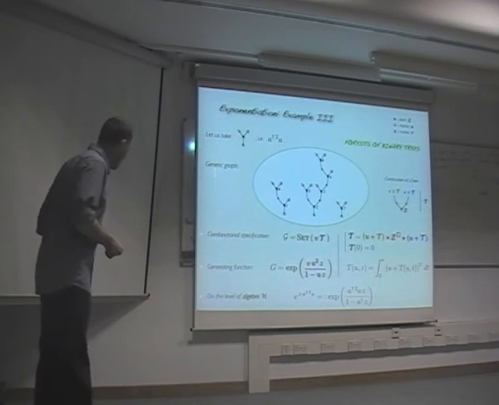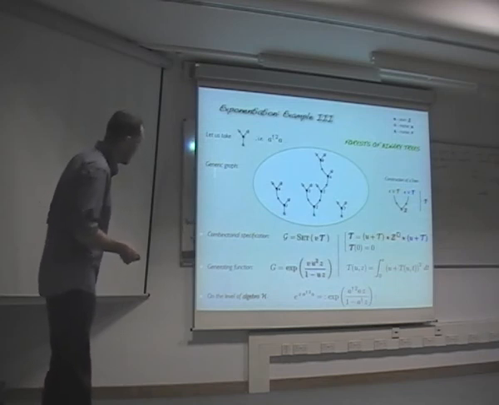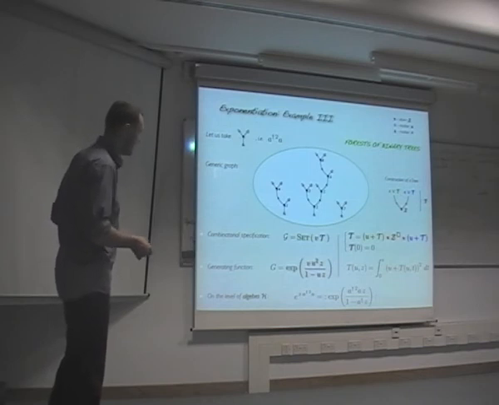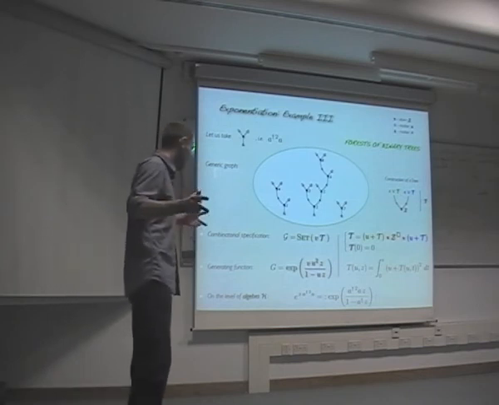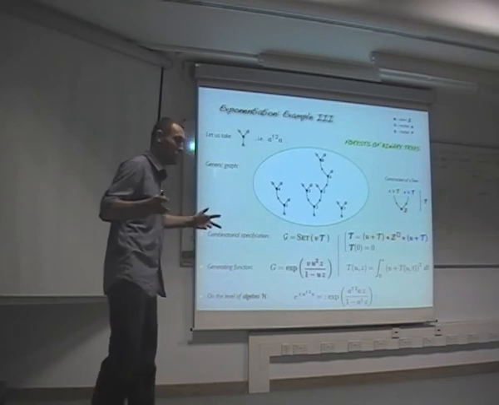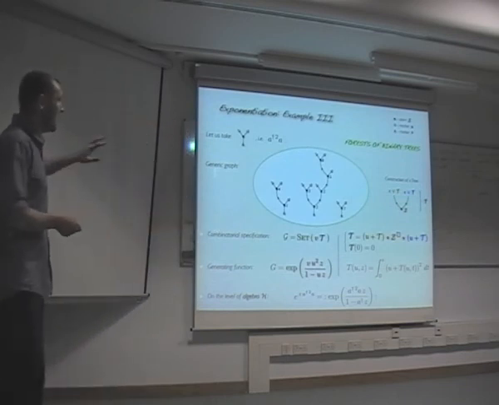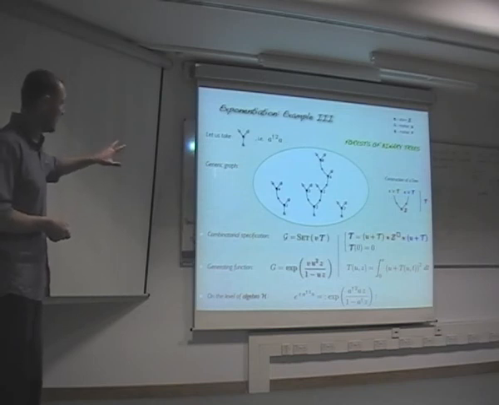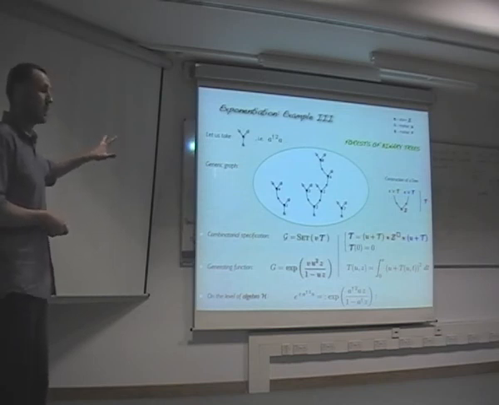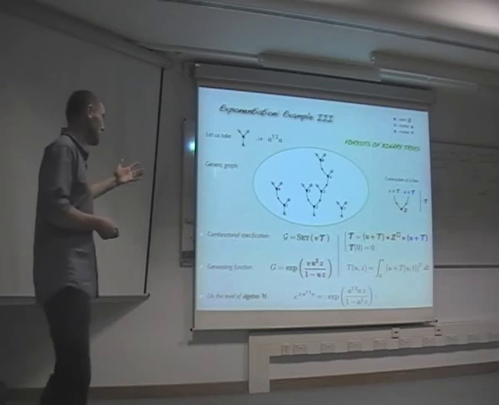On the level of algebra you have this sort of expression, and these double dots are our usual normal ordered product. And there are many more examples which can be combinatorially handled. I just picked a few for you.